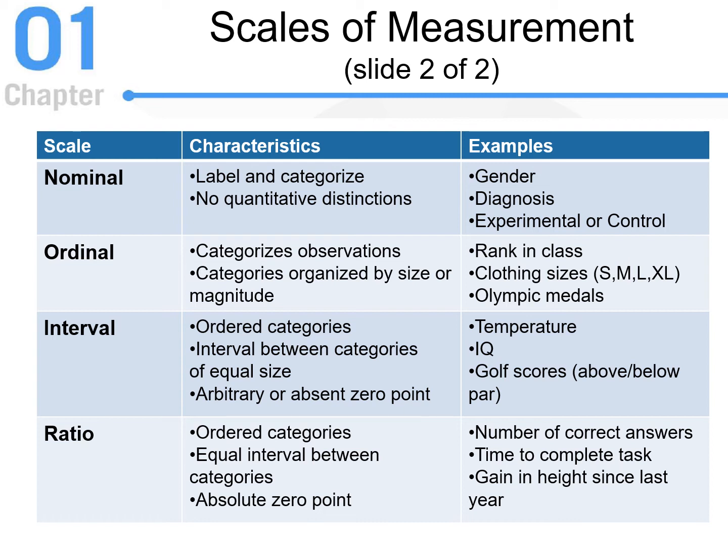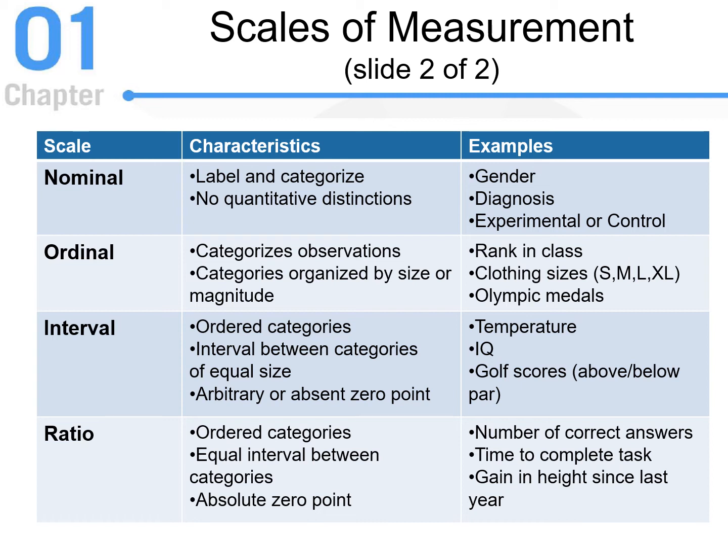Now we move to ratio. Ratio has the same properties as interval, which means equal distance between points on the scale, but there is a true 0 point. And you can make ratio level comparisons using a ratio scale. For instance, if it's 80 degrees Fahrenheit, is it twice as hot as 40 degrees Fahrenheit?